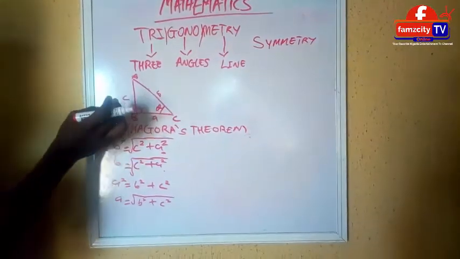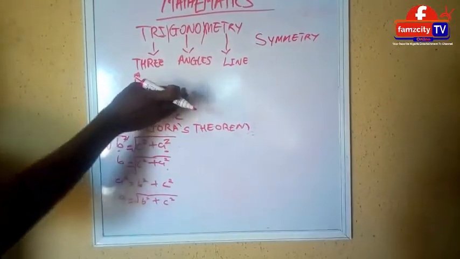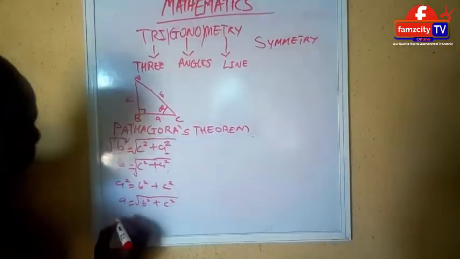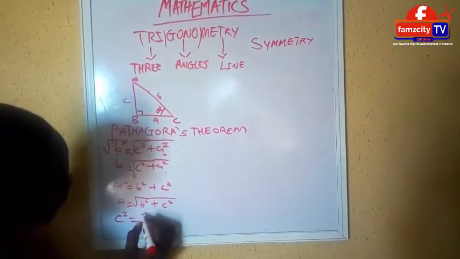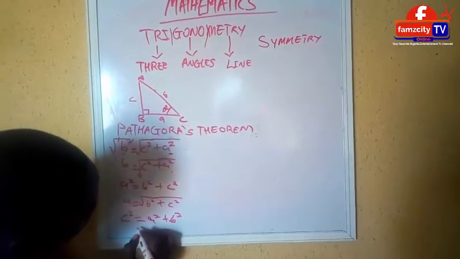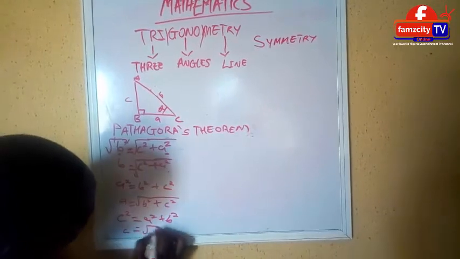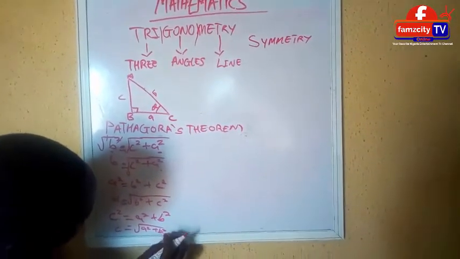If you don't have side c, which is the opposite side, and we are given the hypotenuse and the adjacent, we just say c square equals b square minus a square, which is the square root of b square minus a square.